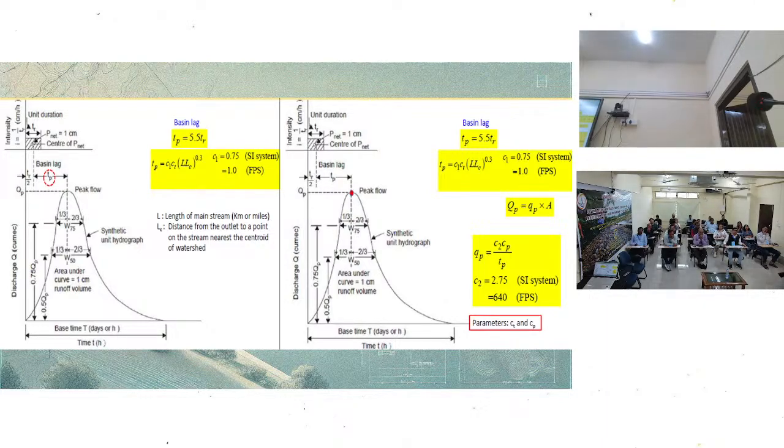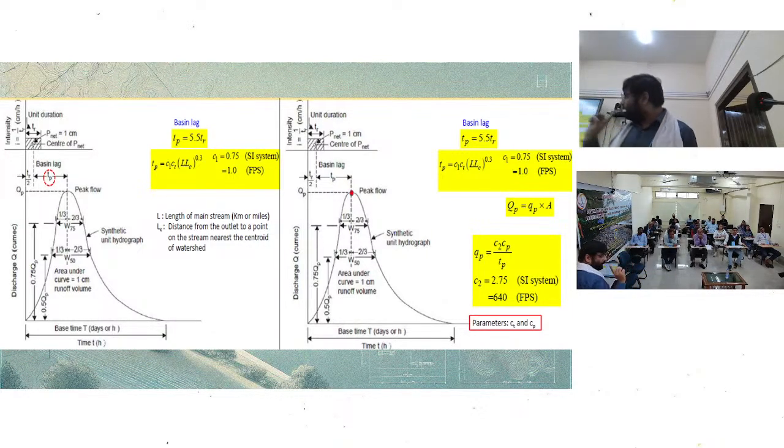Once you start solving, you will get these 5 points, and you can fit a curve manually through them. Sometimes you might have to adjust the curve a little bit, plus minus, to get the desired value. Once you have a unit hydrograph for your catchment, you can always compute the discharge at a location, how much is coming.